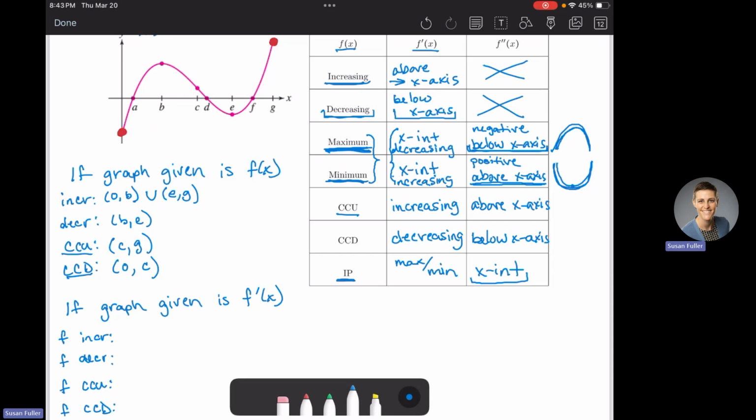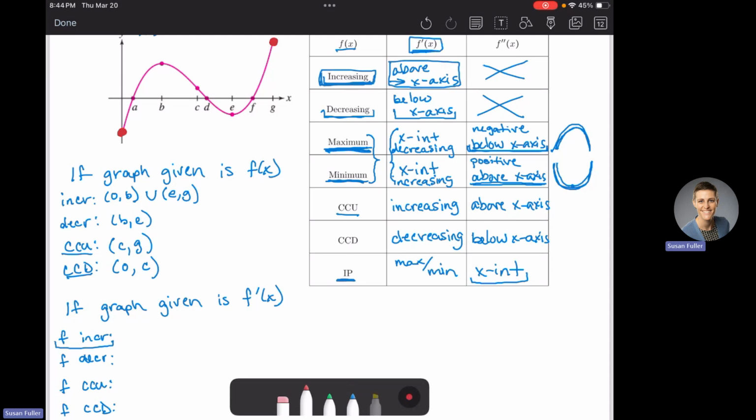And we're going to have to use the connections between my derivative and my OG. Okay, so I want to know where my OG function f is increasing. Okay, I can't look at the graph and see where I'm increasing. That's not what I'm looking for. I have to figure out what f prime is doing when f is increasing. So I'm going to look at my table. When my OG f is increasing, I know that my f prime graph, which is what we have, is going to be above the x-axis.